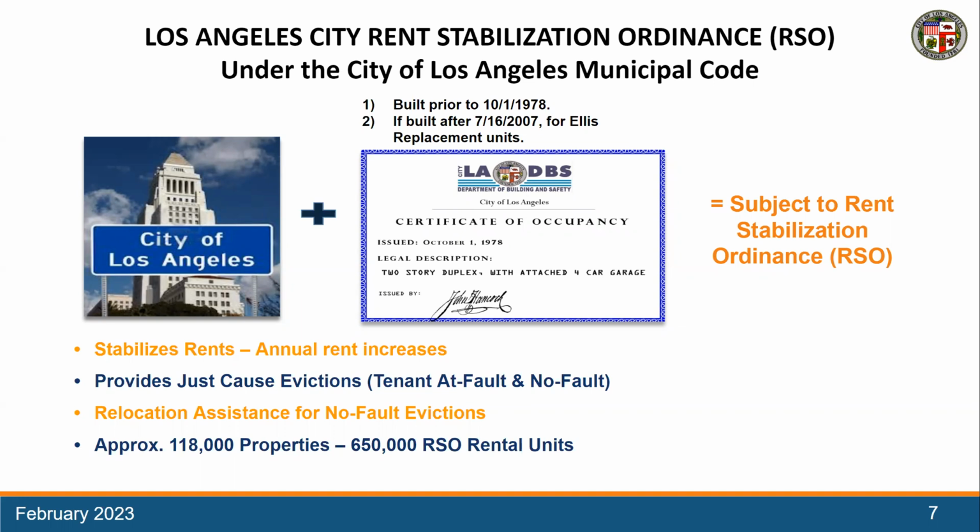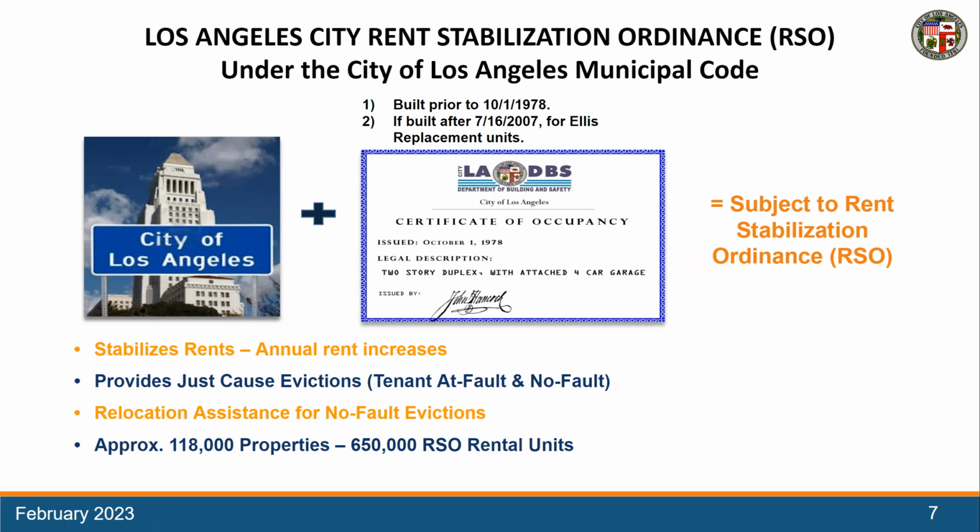The RSO is a law that's been in place since 1978 and applies to rental units that were built prior to October 1st of 1978, or if they were built after July 16th of 2007, after the filing of an Ellis Act eviction.